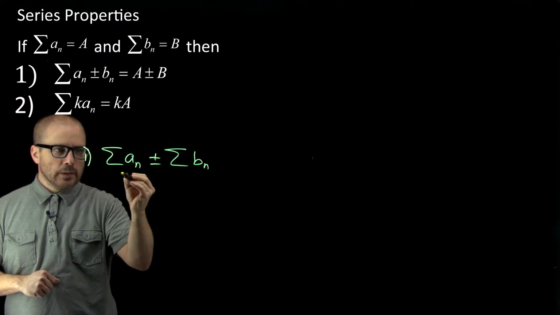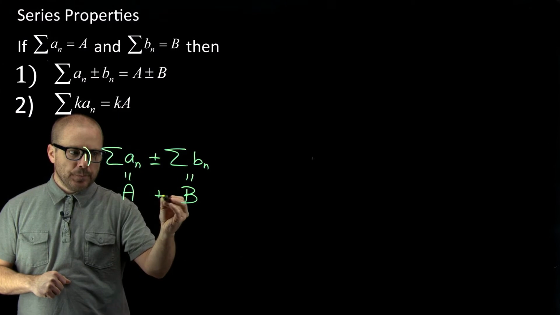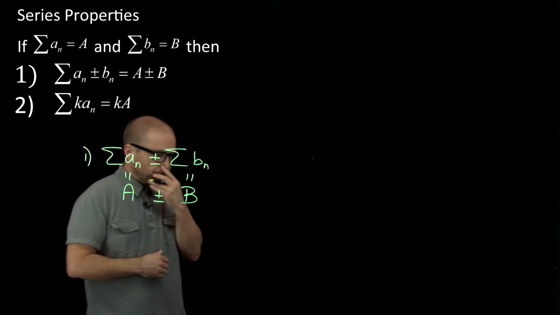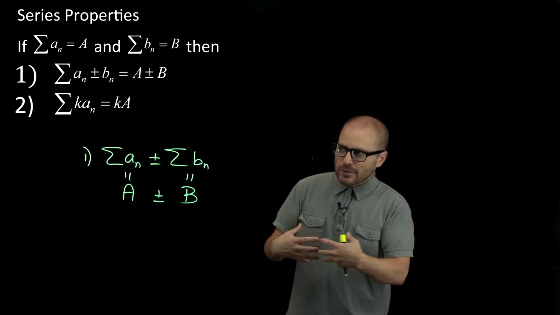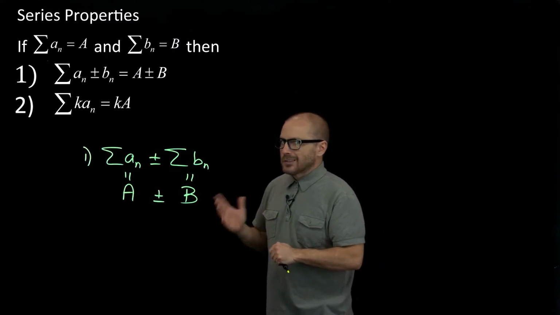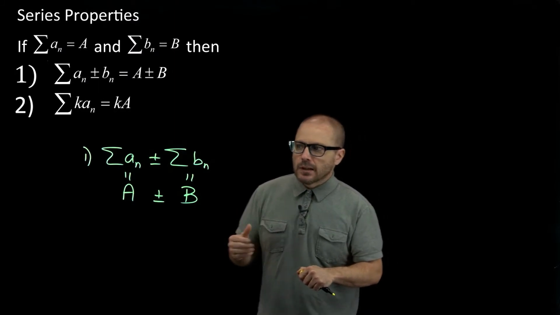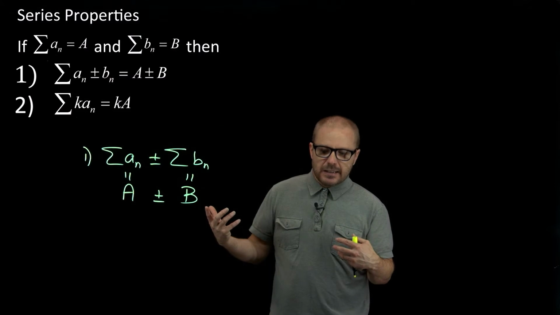Because that's what this equals, A and that equals B. So you may know how to deal with those two pieces separately, but not together. So it's saying that you're welcome to break it apart if you like, as long as they're both convergent, then it's true.